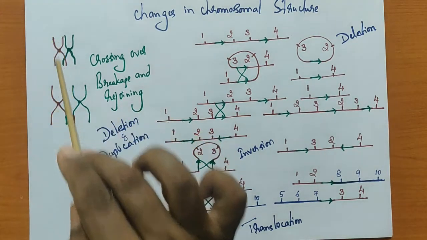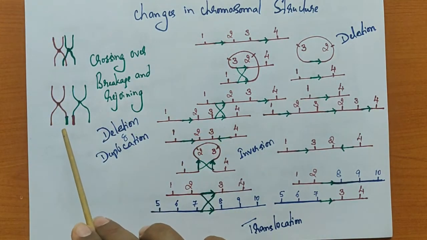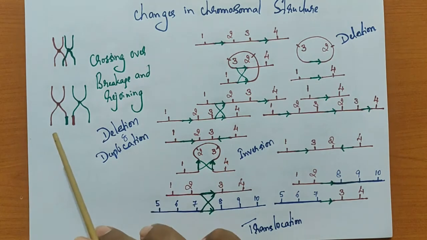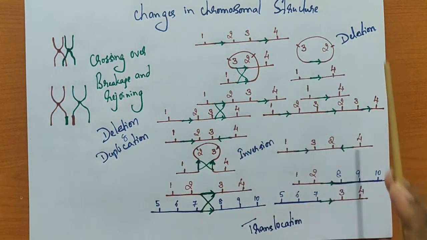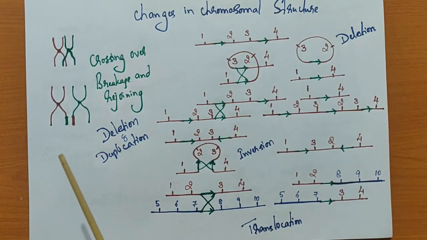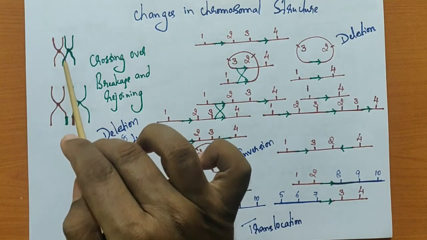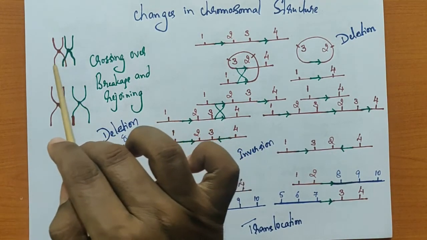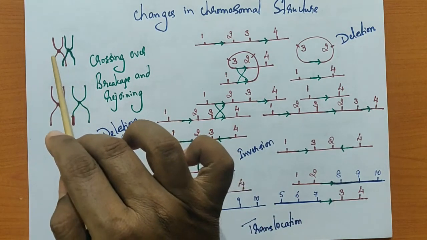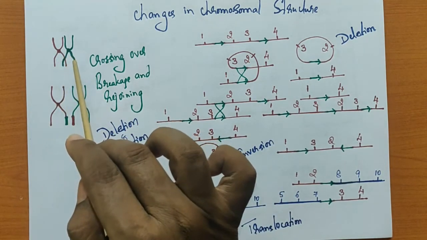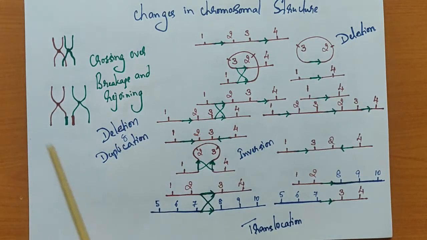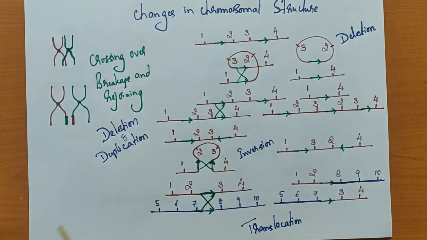This is known as crossing over. During this crossing over, many things are going to happen, but the most important one is that crossing over easily happens if there is a homologous region. Since we have four copies of homologous DNA, we call this homologous recombination.